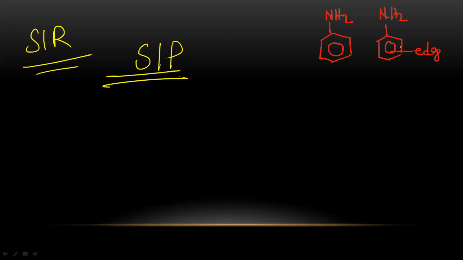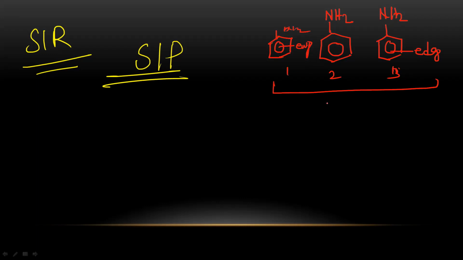This type of writing means you can consider it is in ortho position or meta position or para position. And the third structure will be aniline with electron withdrawing group in a generalized discussion, NH2. So 1, 2, and 3.